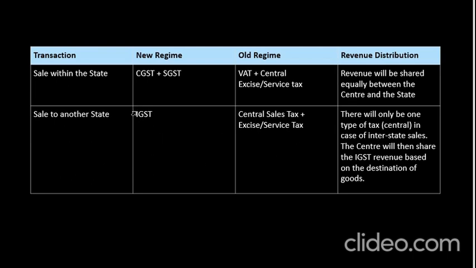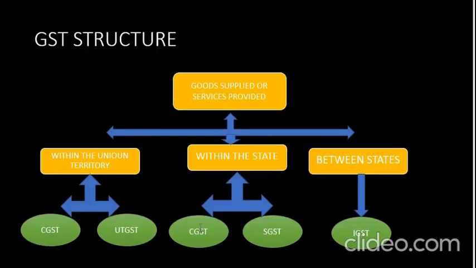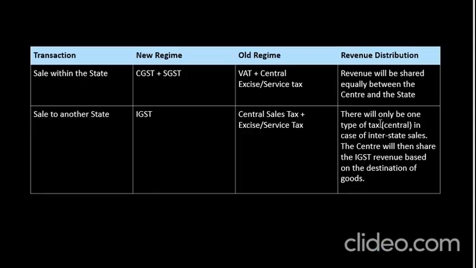So there is no need to worry about why the center is involved in one case and the state in the other. The state will be given importance even in interstate sales, but the allocation will be based on the destination where the goods are delivered.